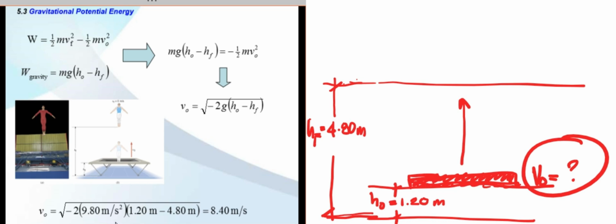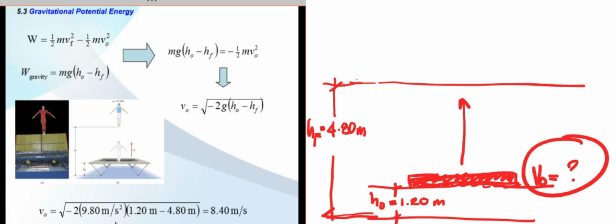Now if we equate these two equations, replacing the W here by the work done by gravity, which is mg times h sub o minus h sub f, it is equal to negative 1/2 m v sub o squared. You'll notice that the 1/2 m v sub f squared disappeared. Why is it so? Because when the gymnast reached the maximum height, the velocity there is 0.